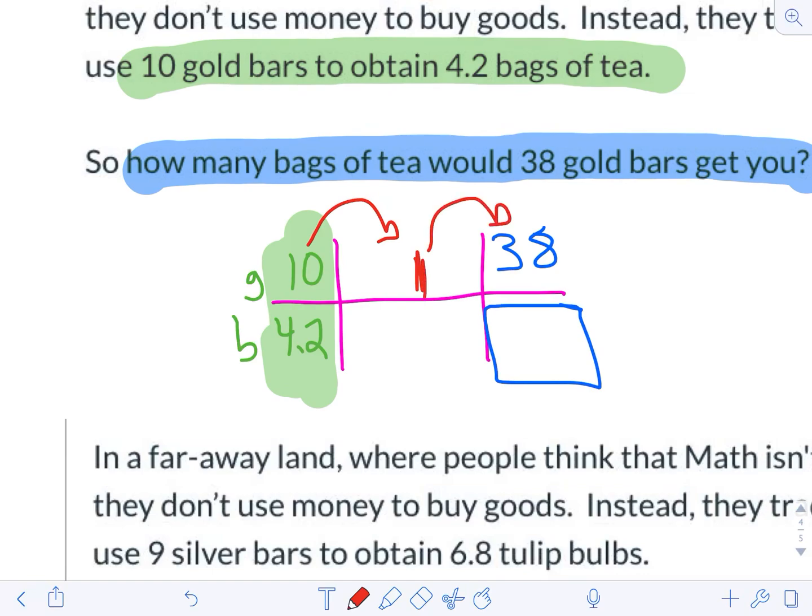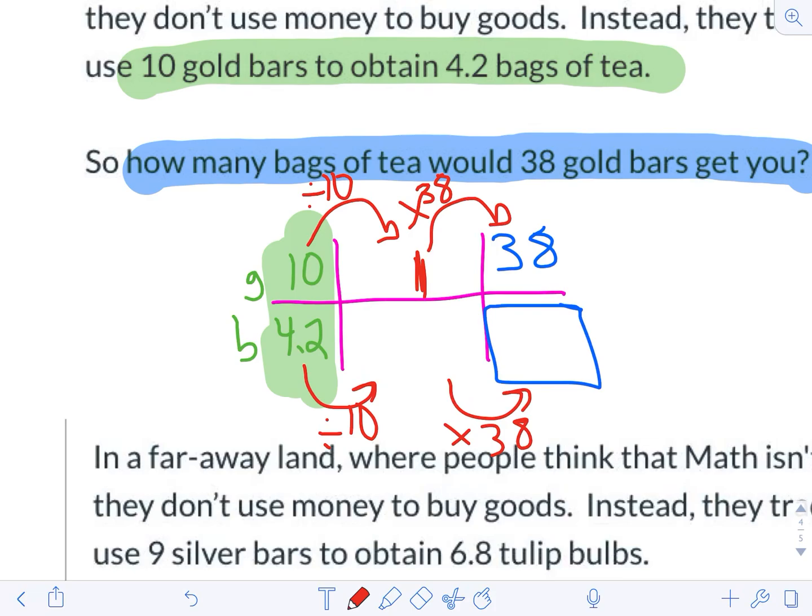That's the best way I can play with this. Because if I get them at 1, I know I just need to times it by 38. And if I'm at 10, if I divide 10 by 10, I'm going to get a 1. And that's my path. So now I just got to do 4.2 divided by 10 and times that answer by 38.